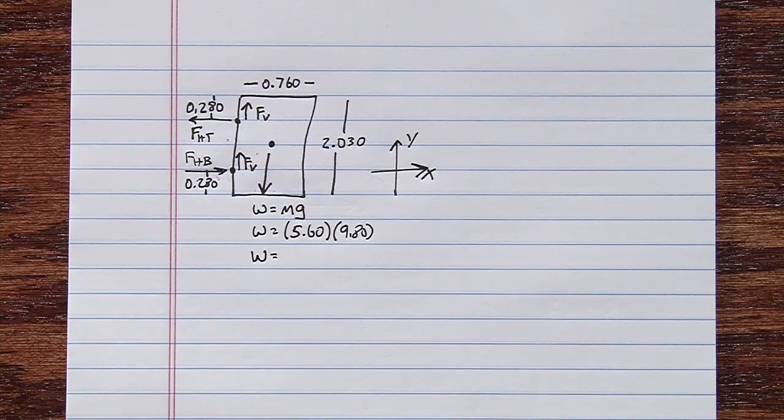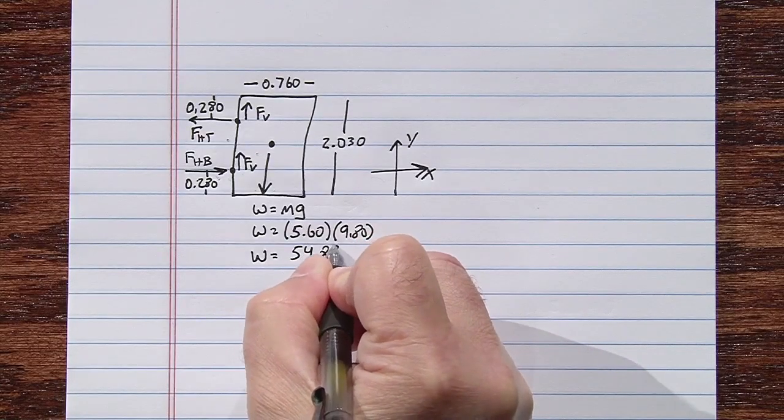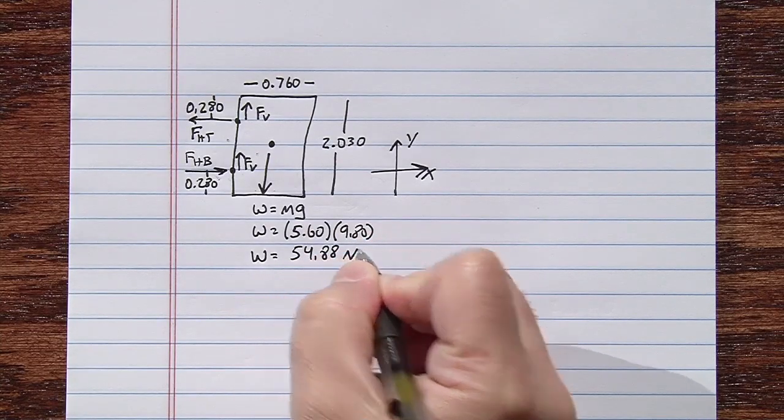So the weight of the door is 5.60 times 9.80, which is 54.88 newtons.